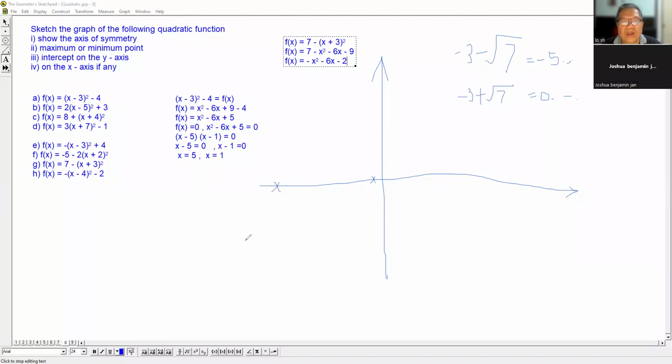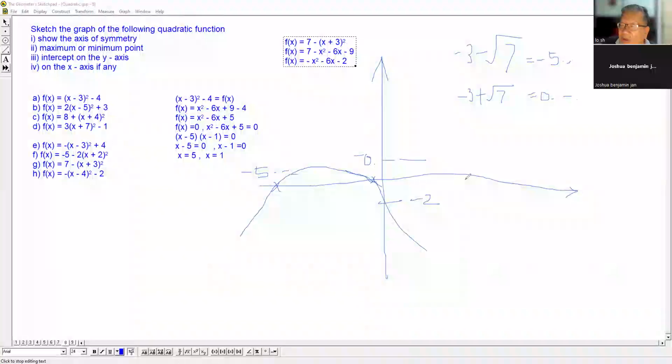So the curve will be like this because it's the N shape now. This one is negative 2, this one is negative 0 point something, this is negative 5 point something. So now, can you draw the graph like this?